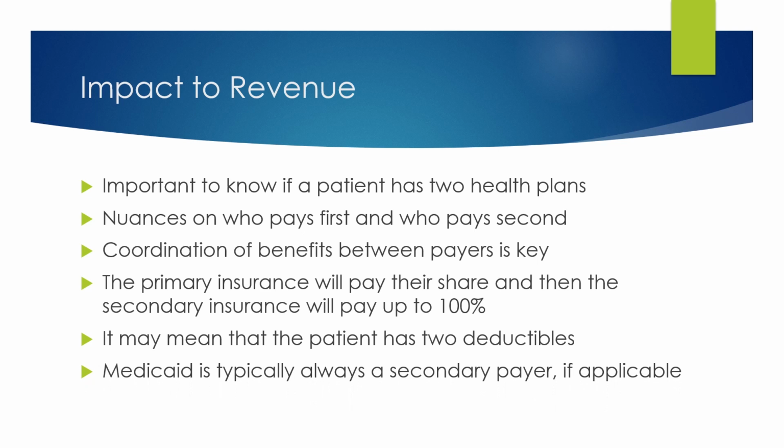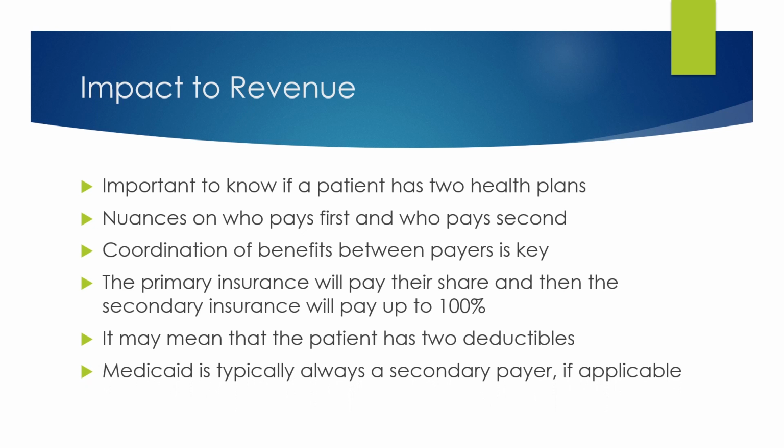So for an example, a patient who is covered under an employer-based plan who also has a spouse's plan, the employer plan is typically the primary and the spouse's plan would be the secondary. Medicare can either be the primary or secondary insurance depending on the circumstance.